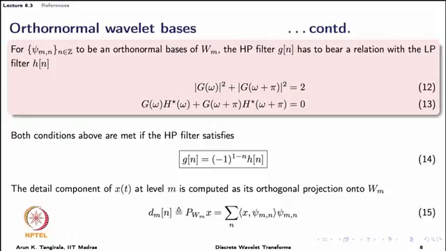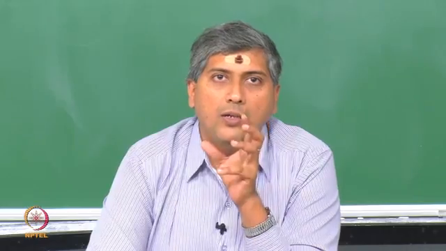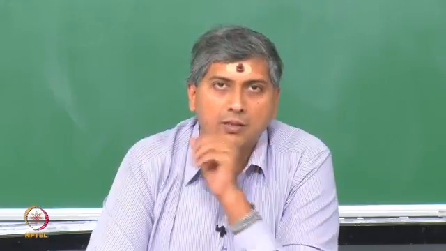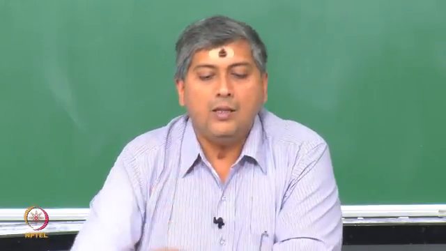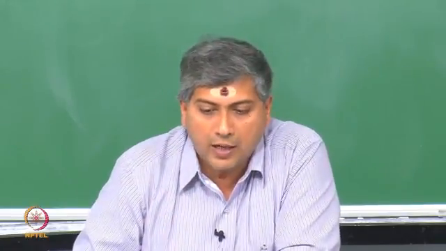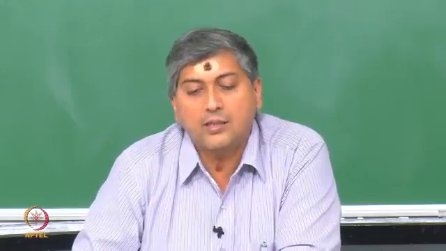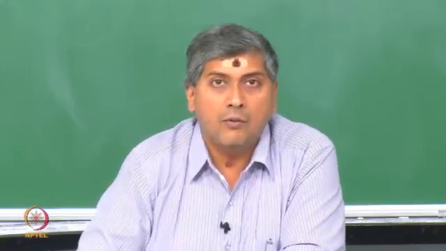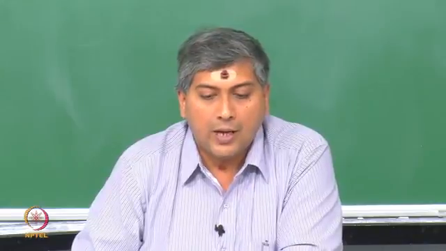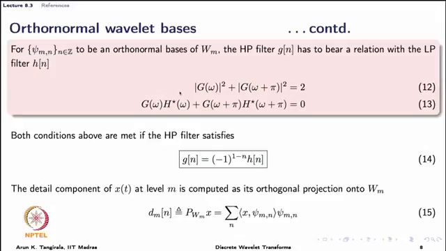You can once again show that for the orthonormality requirement for the wavelet at any scale m, if I take psi m,n and I want this basis to be orthonormal, then the associated high pass filter should satisfy the conditions given in 12 and 13. Once again, I avoid the proofs, I am directly giving you the conditions.